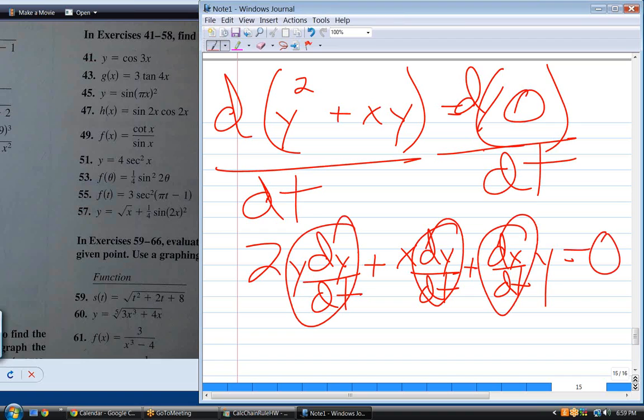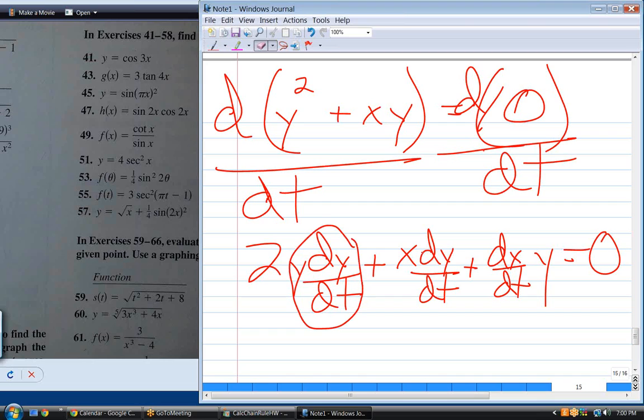So when you differentiate an equation with respect to a variable that isn't in there, then this will make a lot more sense. Why this is valuable to you is that when you get to related rates, this is what you're dealing with. We have a bunch of related rates. That's the change in y, that's the change in x.